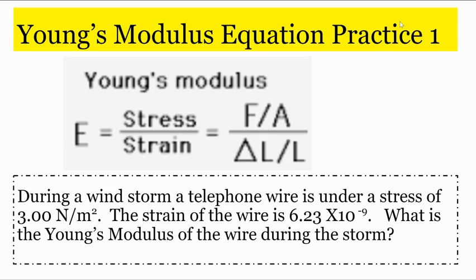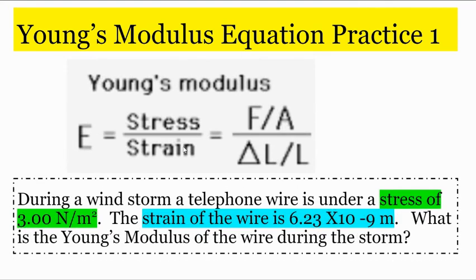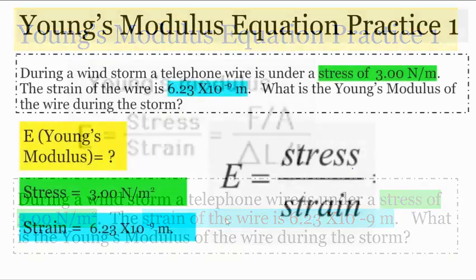To solve for this, we're going to be looking at Young's modulus, solving for E, which is stress divided by strain. We don't have to use the more extensive equation over here to the right because the word problem already gave us the stress and the strain value. So we take stress divided by strain: a stress of 3 newtons per meter squared divided by the strain, 6.23 times 10 to the negative ninth.